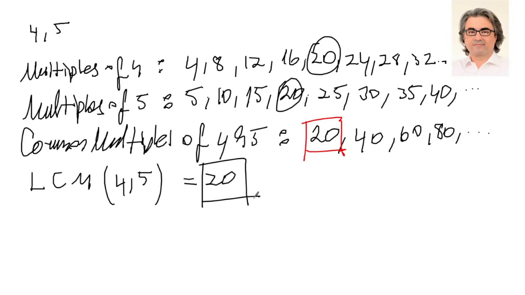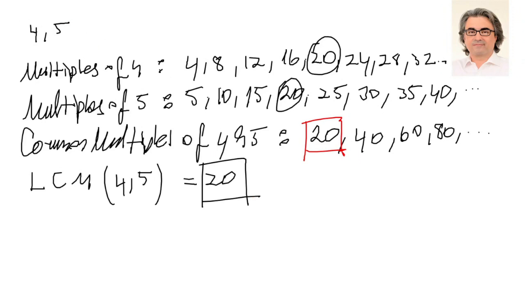I'm explaining the meaning of 20, the least common multiple of 4 and 5. 20 is the least number which is divisible by 4 and 5 at the same time. And the other common multiples of 4 and 5, 40, 60, 80, also have the same property. All of them are divisible by 4 and 5. But the least one is very important here.